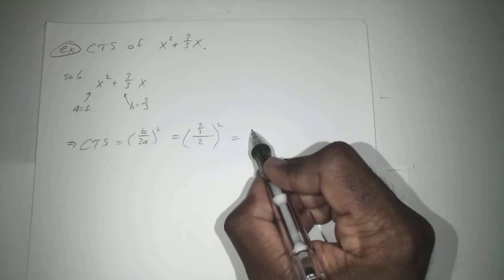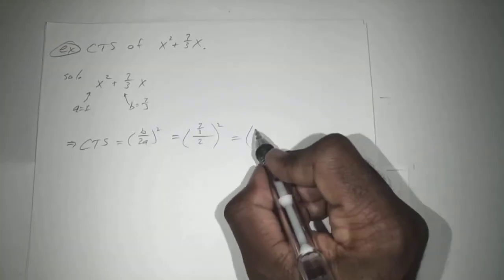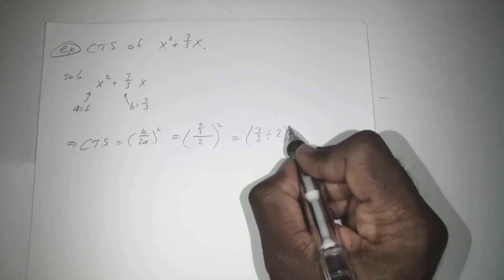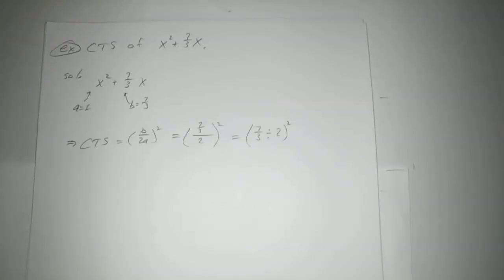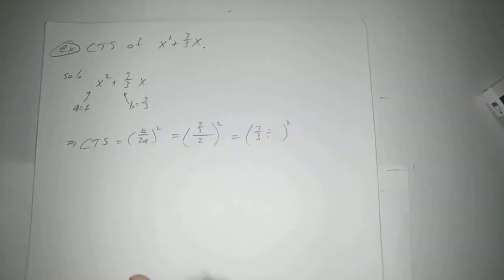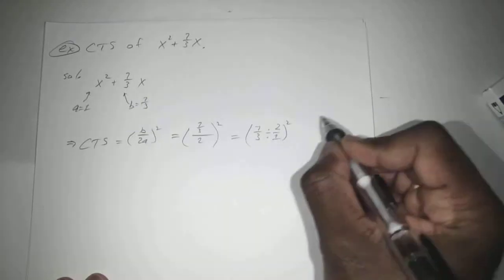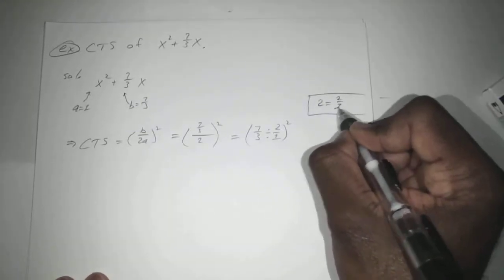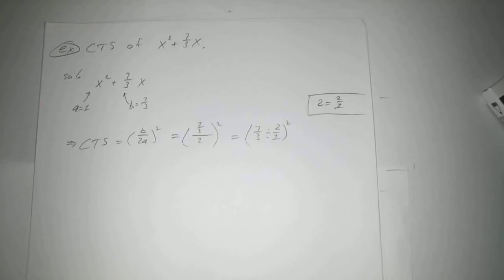If you wanted to, you can rewrite it as 7 over 3 divided by 2, squared, or instead of 2, you can make it 2 over 1. Just remember that 2 is equal to 2 over 1, and you remember your rules for dividing fractions.